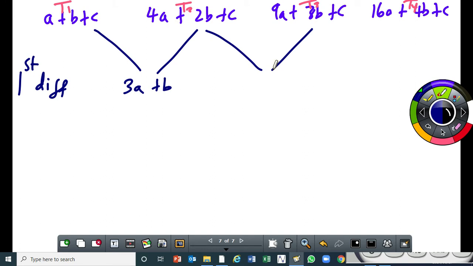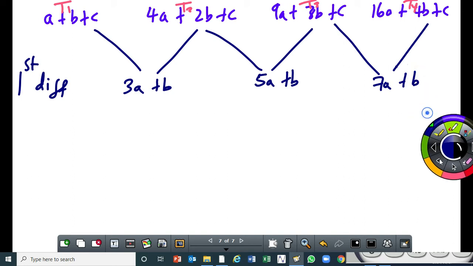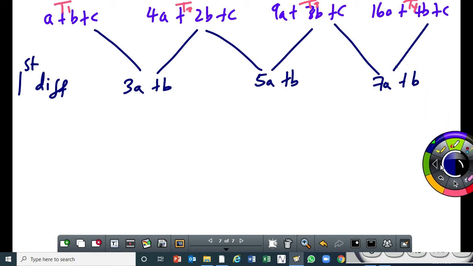Then 9A minus 4A gives you 5A. 3B minus 2B. 16A minus 9A. 4B minus 3B. Okay? So those are the what? Now, check this. These are the first differences of the quadratic pattern. Now, they themselves, that is the first differences, they also form a pattern. And that pattern is linear.